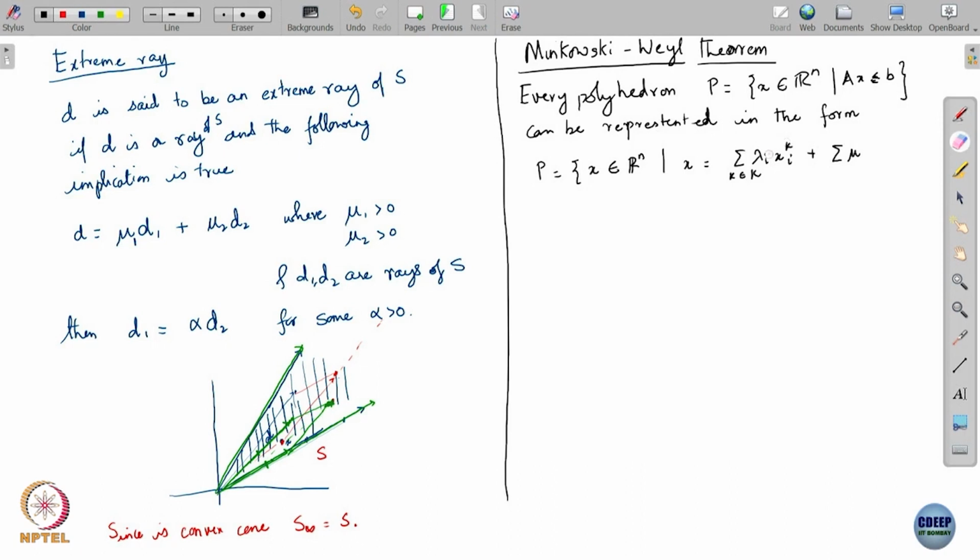Sorry, my mistake here. So, I need to tell you one blanket assumption under which this holds, and I have not stated here.